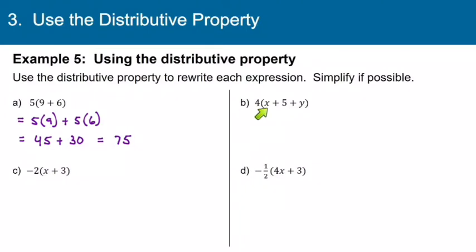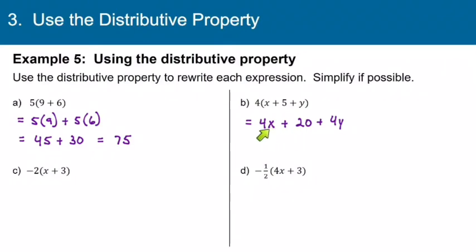So if we want to clear these parentheses, what we'll have to do is use the distributive property to multiply the 4 times each individual part. So we'll say 4 times x is 4x, plus 4 times 5 is 20, plus 4 times y is 4y.